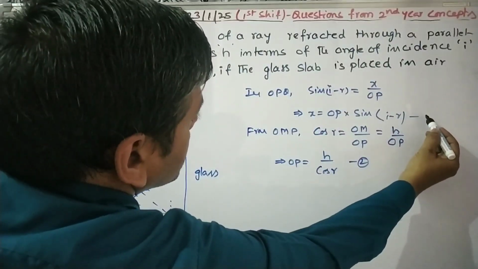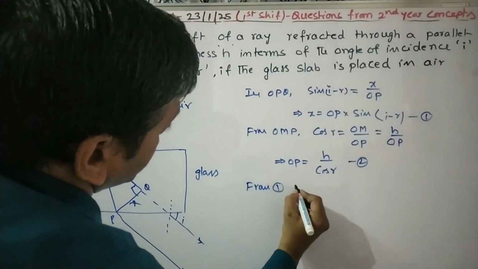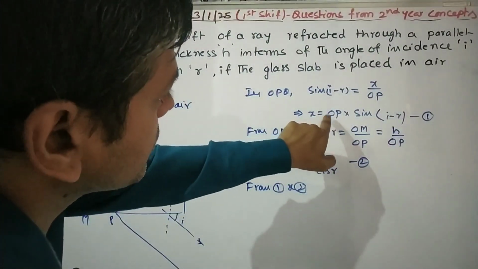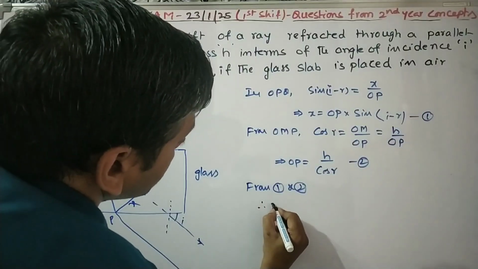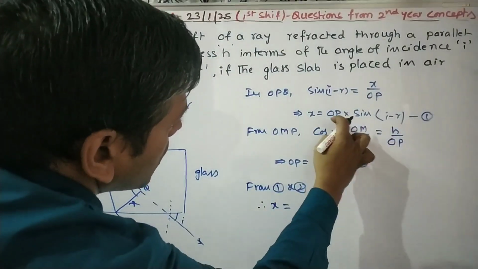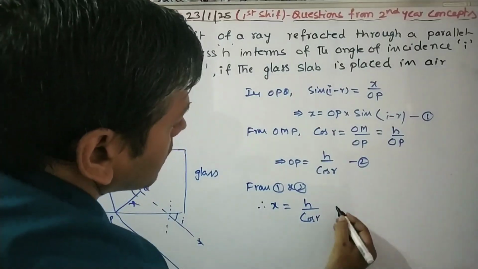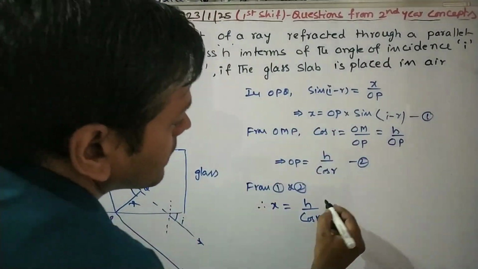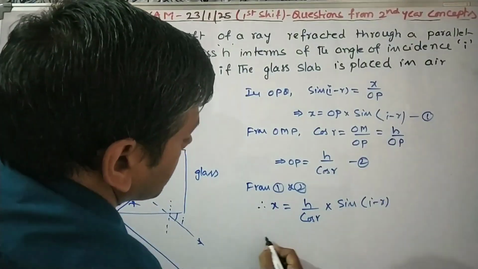This is equation 1. From equations 1 and 2, you can replace OP in this equation by this thing, then you get the X value. That is called the lateral shift or lateral displacement. X is equal to OP, which is h by cos r, into sine(i minus r).